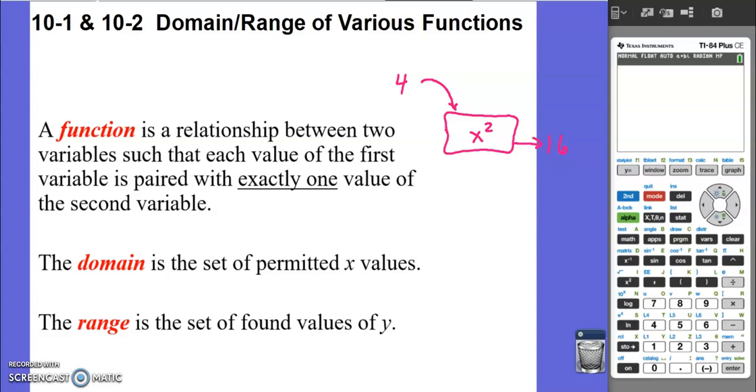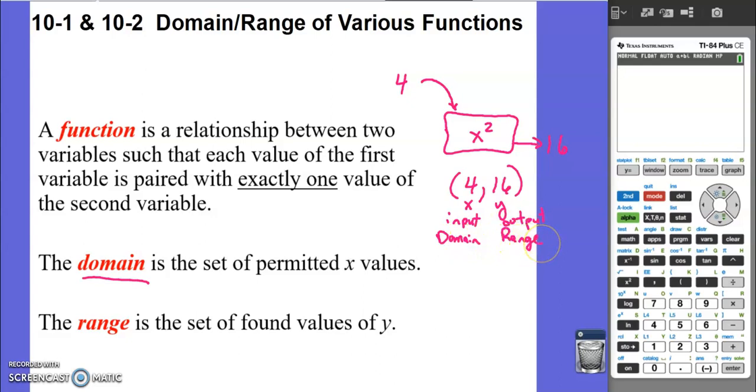So that's what it's talking about. One variable, and this would be the point for 16. This is your input, and then your output. And again, we talked about the domain is the set of x values. So this would be your domain, and this would be your range.